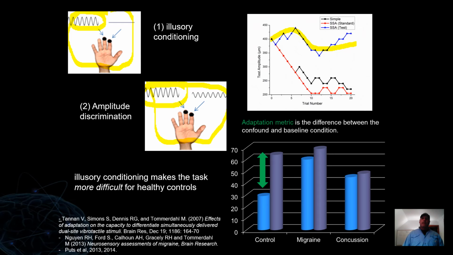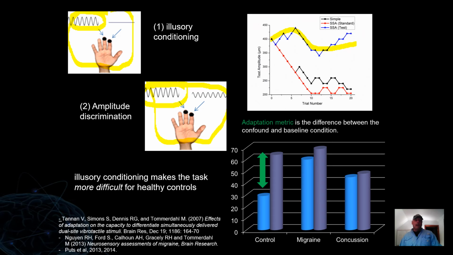Now, let's look at the DLs for these different tests. If you ever take this cortical metric, you'll see the abbreviation SSA, or single site adaptation. What you see in the graph here is controls, migraine, and concussion.